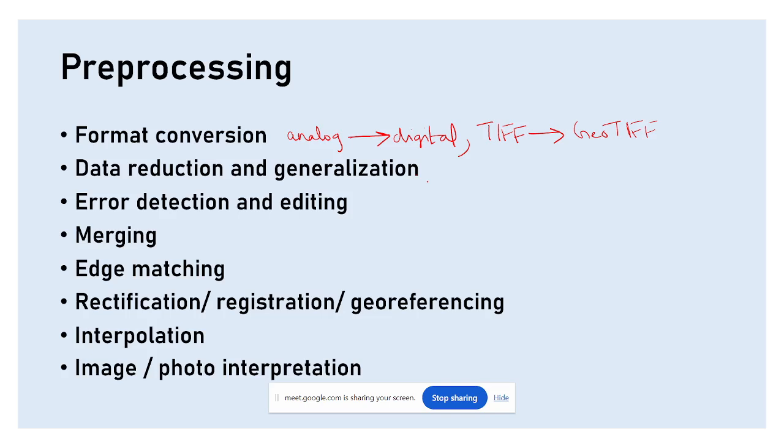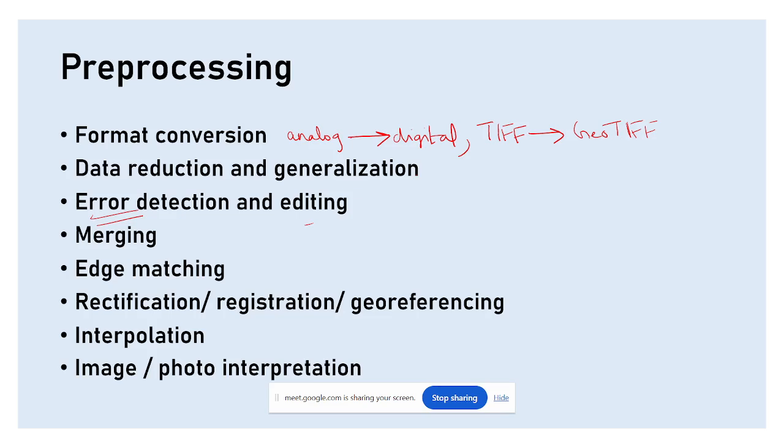Then we have error detection and editing. Sir was also mentioning this: whenever you're working with GIS, at each step you have to check for errors, because you're working with huge data sets. Most of the time you're working with satellite images, which contain a lot of information and involve very big files.